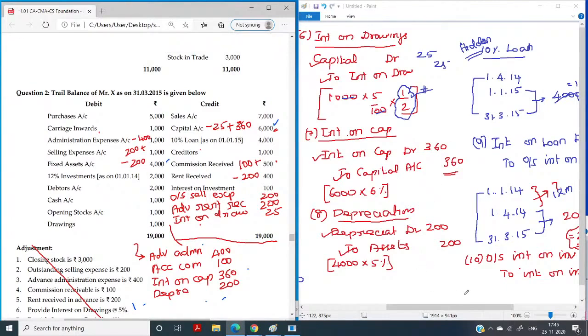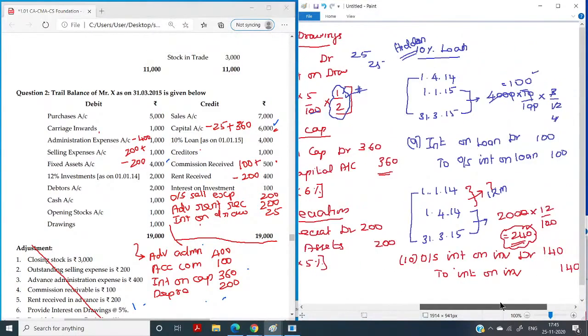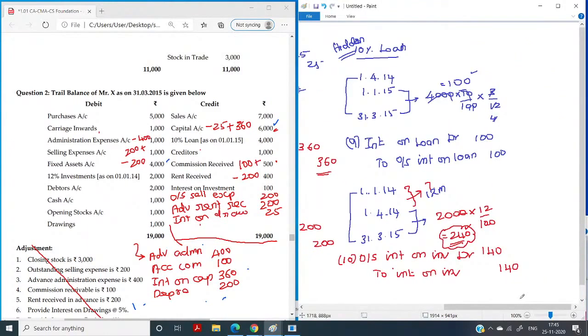So the final two more journal entries we have: interest on loan. We don't have the interest on loan in the debit side, so a new account comes here, interest on loan. Is it clear?